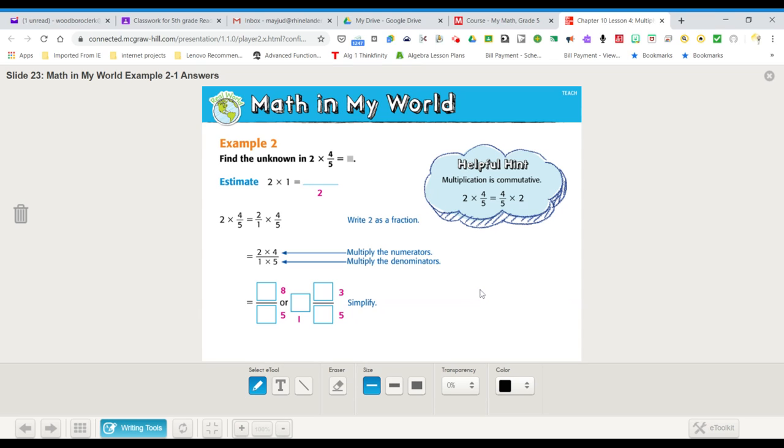For those of you that have forgotten, remember that it's 8 divided by 5. 5 goes into 8 one whole time. 1 times 5 is 5, and when you subtract that off, you have 3 left over. Here is your whole number, here is your numerator, and here is your denominator. So that's where those numbers come from, 1 and 3/5. If you need to pause the video to take those notes, go ahead and do that.